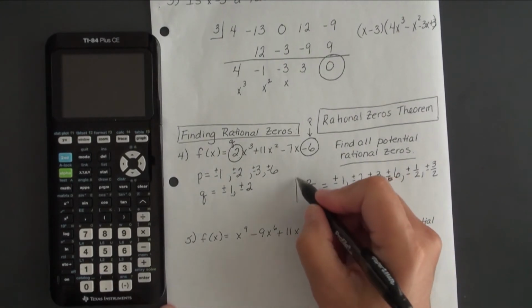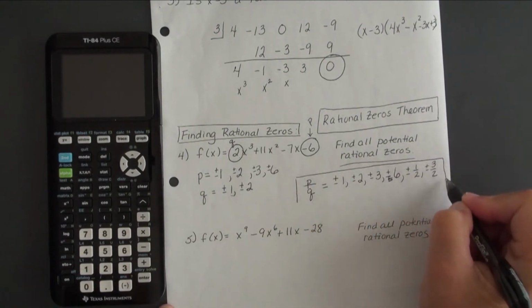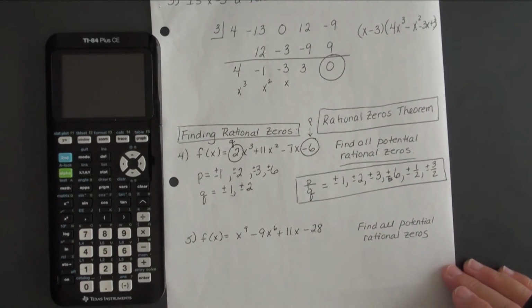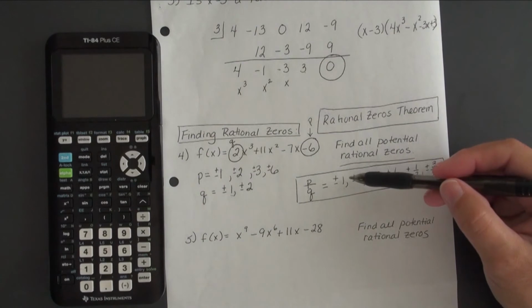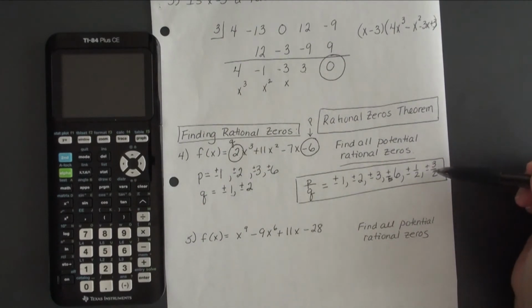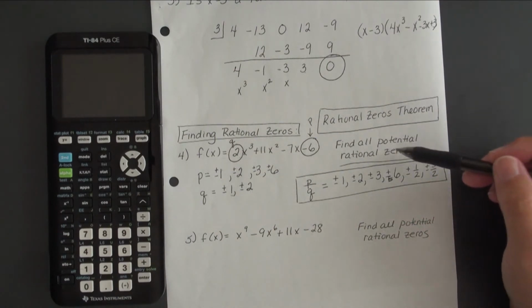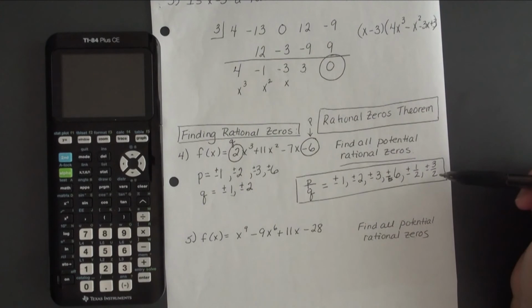So our list of potential rational zeros comes from that list of numbers. And there are 1, 2, 3, 4, 5, 6 positive and 6 negative. So the possible rational zeros come from this set of 12 numbers.